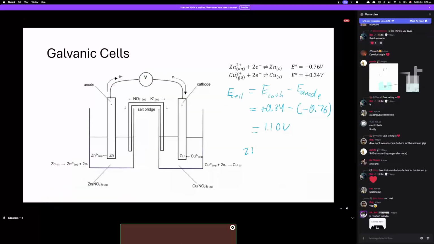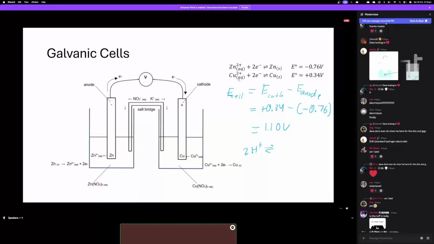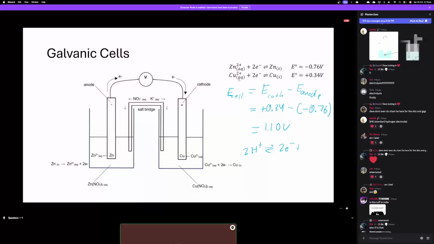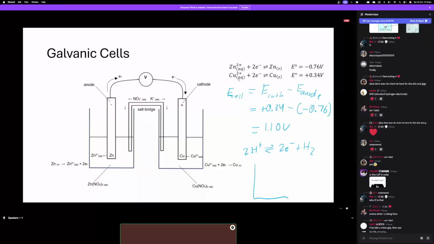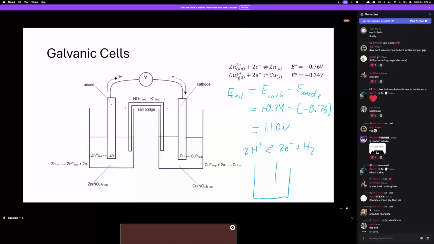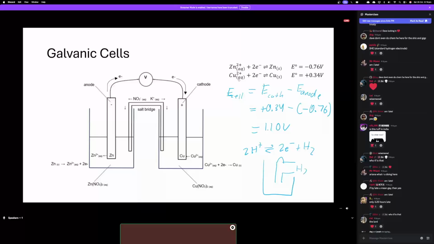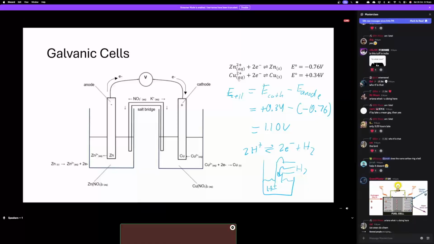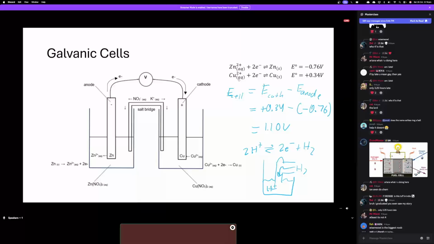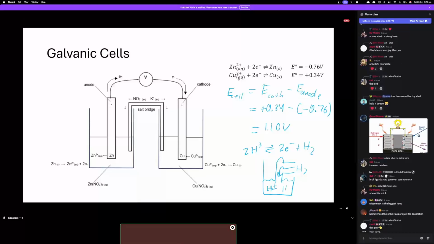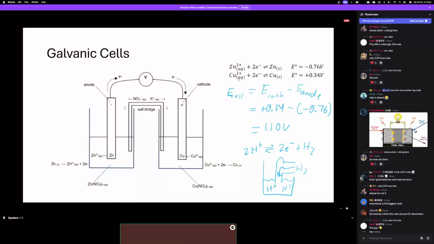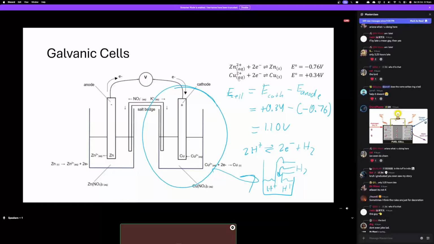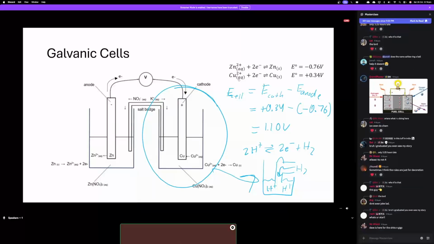We have hydrogen gas getting pumped in, and then it is going into a solution of H+ ions. Not all of them are the same type. Some of them are gases, so we have to pump in gas instead of just having a stick of metal.